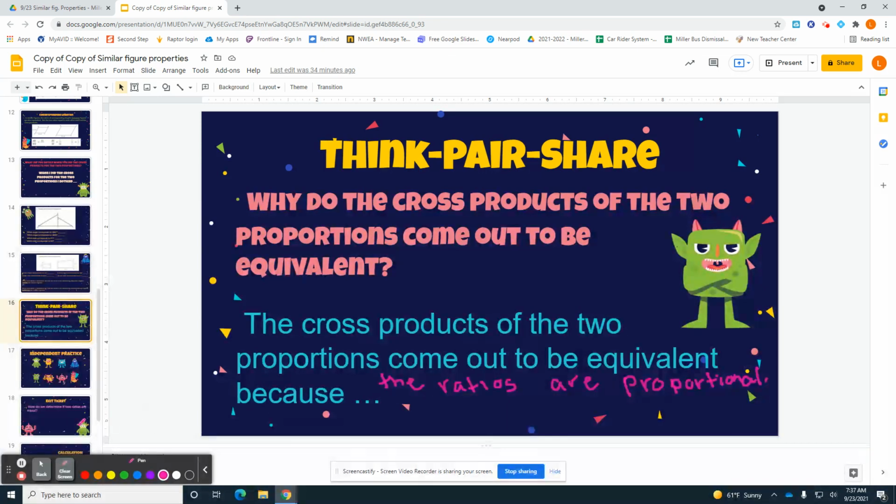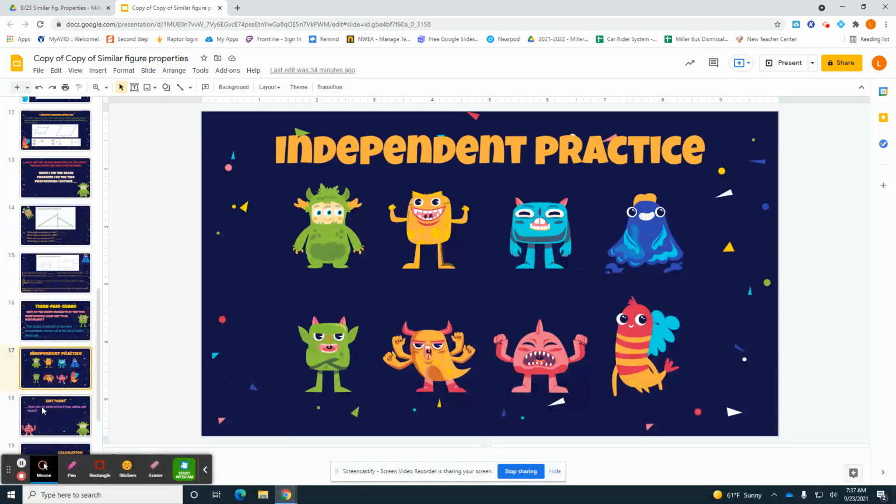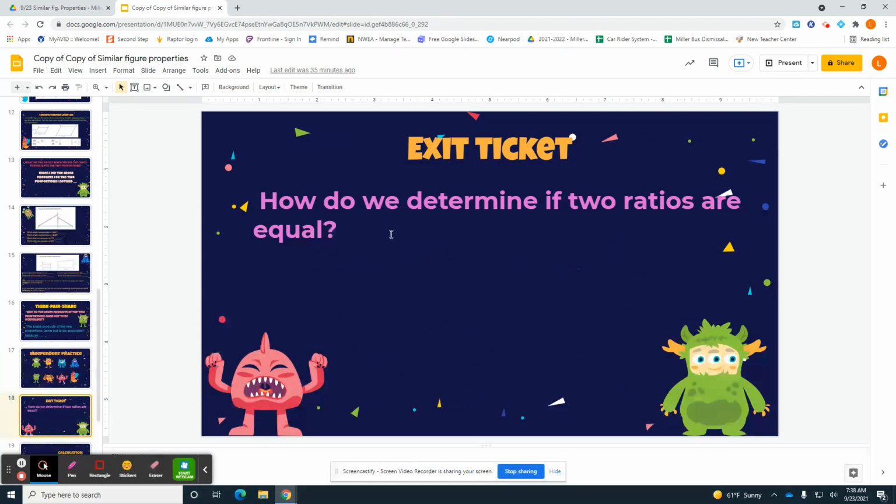All right, so now we're going to our independent practice. You should have your independent practice also. It is only about 4 questions, so you should be able to solve them. And then your exit ticket: how do we determine if 2 ratios are equivalent?